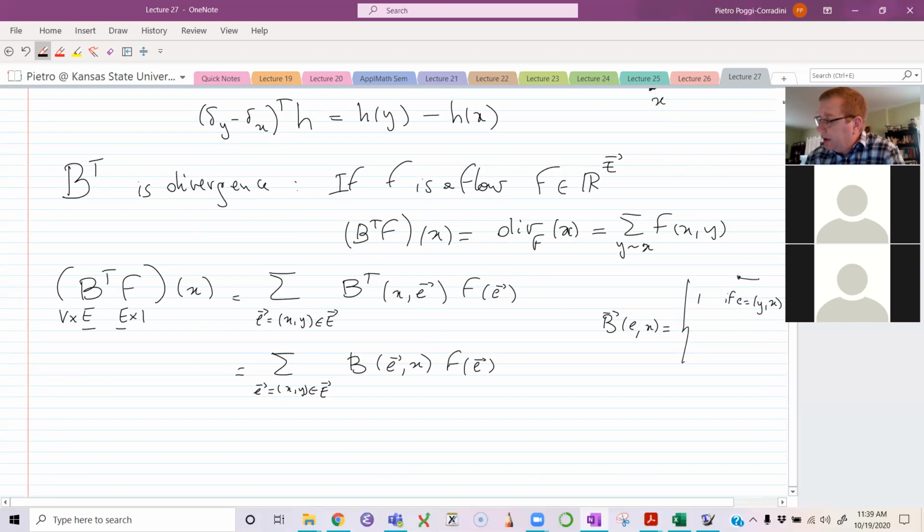So if, in other words, if the oriented edge E points to X, -1 if E is of the form XY, when E points away from X, and it's 0 otherwise, right?